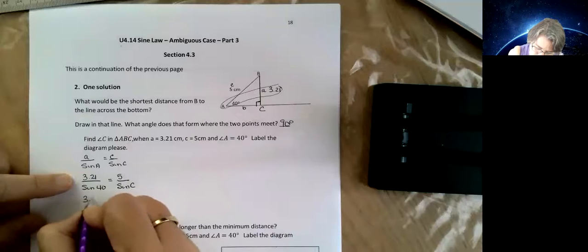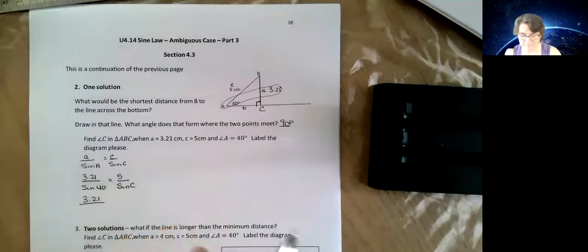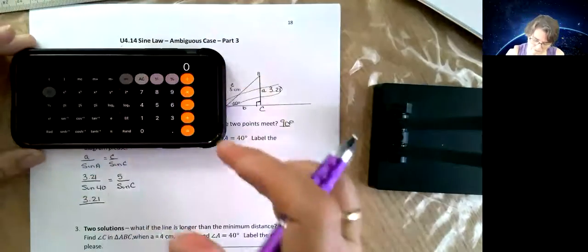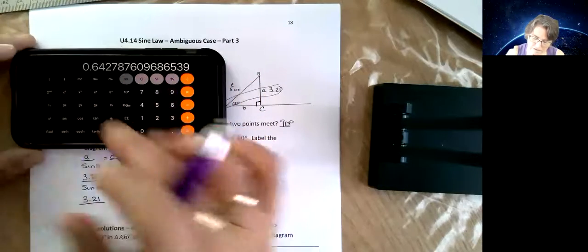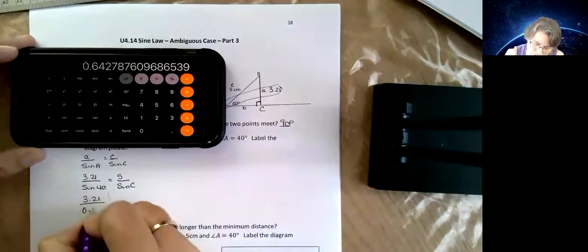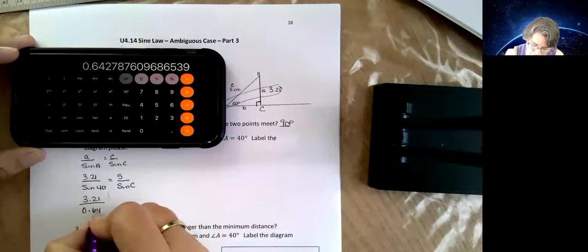Let's get rid of that. Oops, my bad. Try again. Sine 40 is 0.646428.